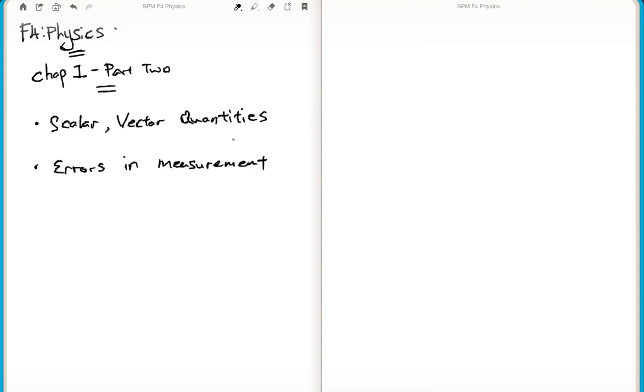We'll talk about zero error, systematic error and random errors, followed by consistency, accuracy, and sensitivity, meaning the definition of each.